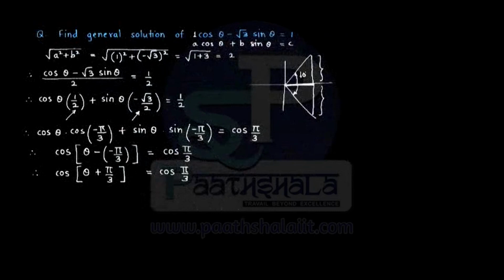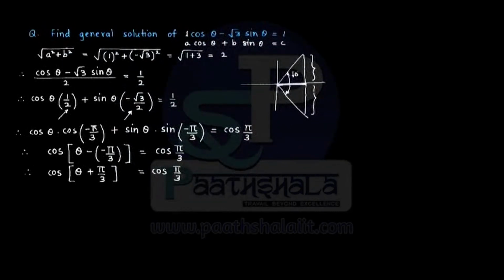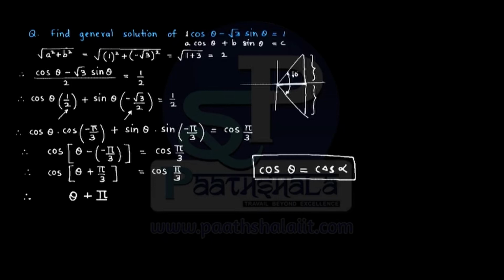So therefore we have to now write the general solution of this equation, which is of the form cos of theta is equal to cos of alpha, which we did as the second type of the equation. So therefore its general solution is given by theta plus pi by 3 is equal to 2n pi plus or minus the angle on right side, which is alpha.